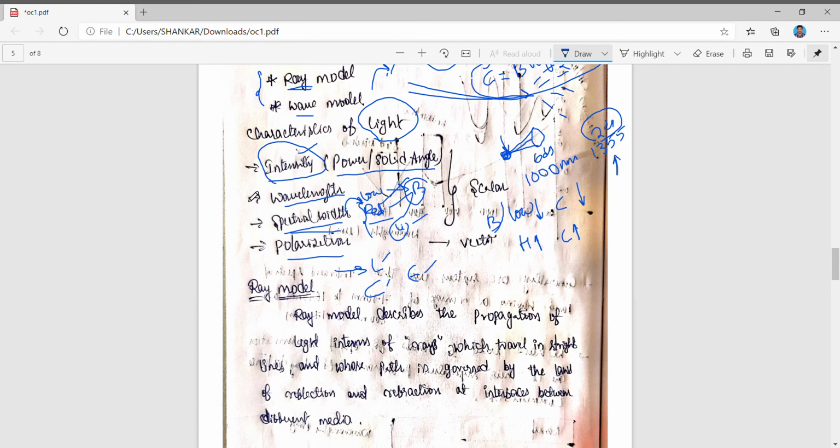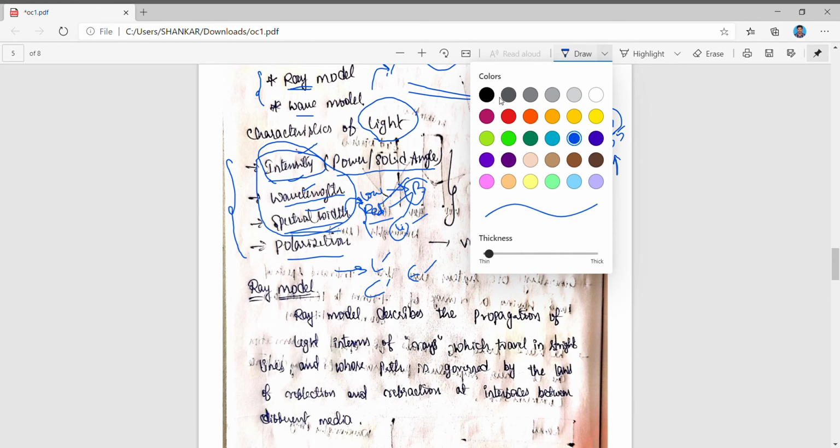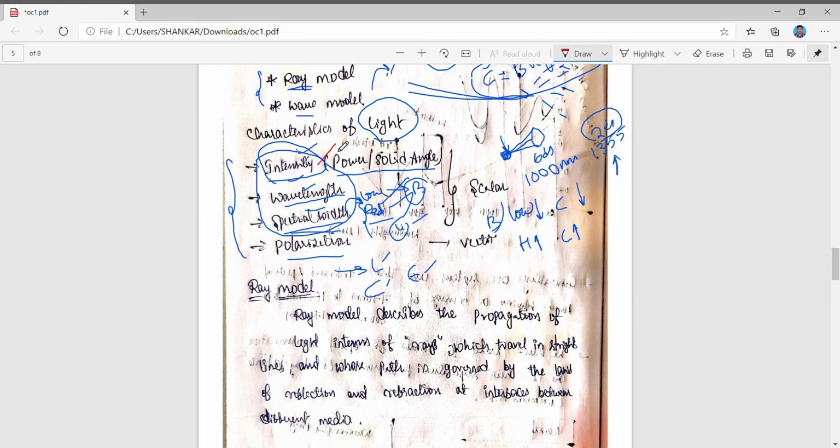Okay, out of these parameters, the intensity, wavelength and spectral width, there is no direction for these three parameters. There is no direction of intensity, and wavelength also has no direction, and spectral width also has no direction.